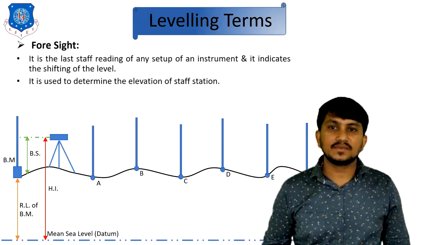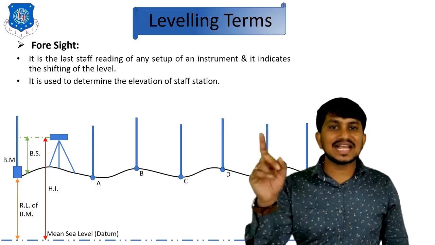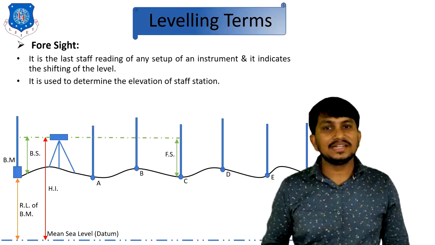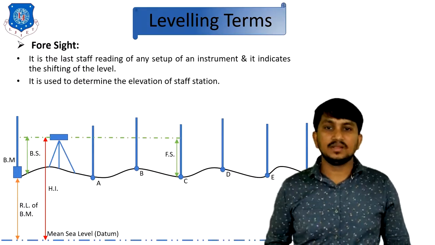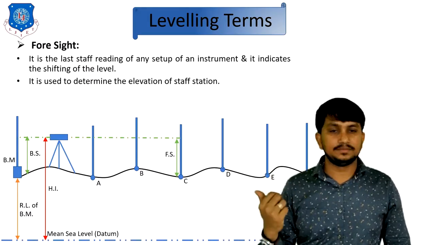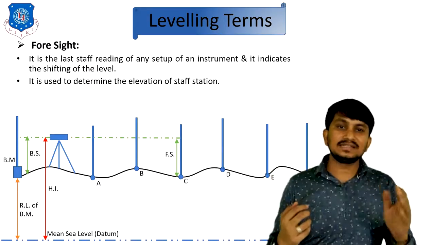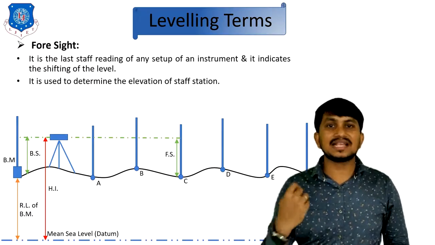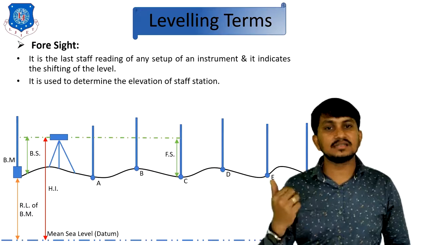Next is foresight. It is the last staff reading of any setup. It indicates the shifting of the level. Here, the range of the first setup is about C. After point C, this setup cannot be used. The reading at C is the last staff reading, so it is called FS.